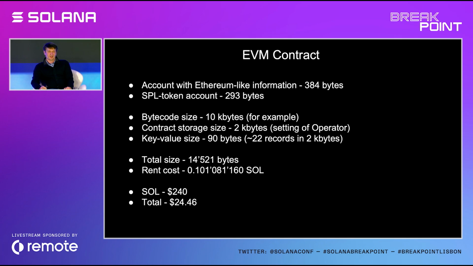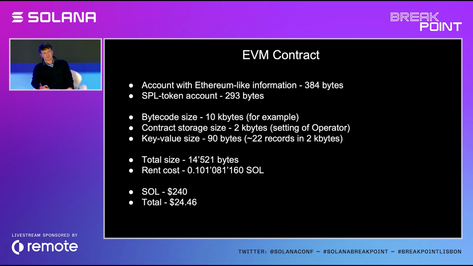Next. For example, if an application wants to deploy its EVM bytecode contract to the Solana cluster, we need to create several accounts. First, an account with Ethereum-like information, with the transaction counter, and the SPL token account with the balance.